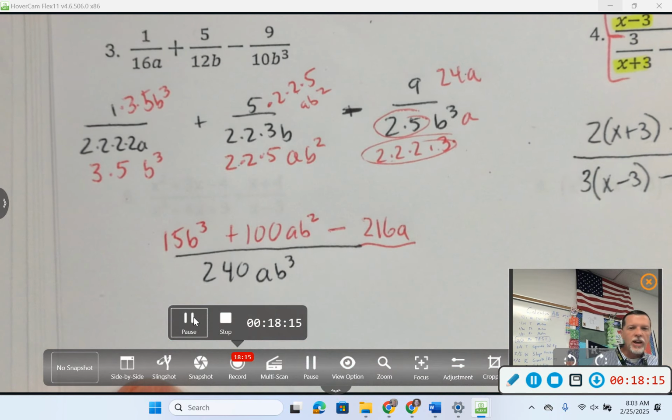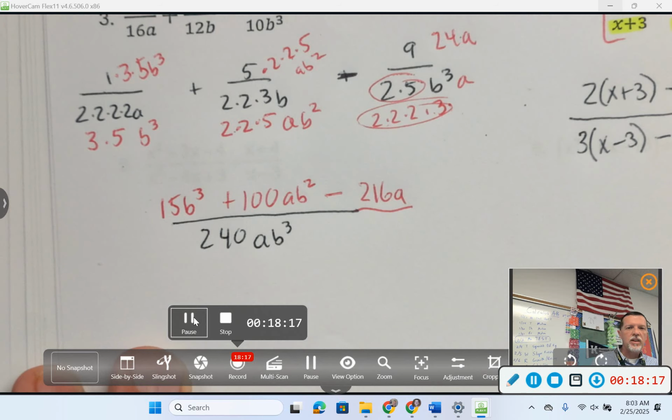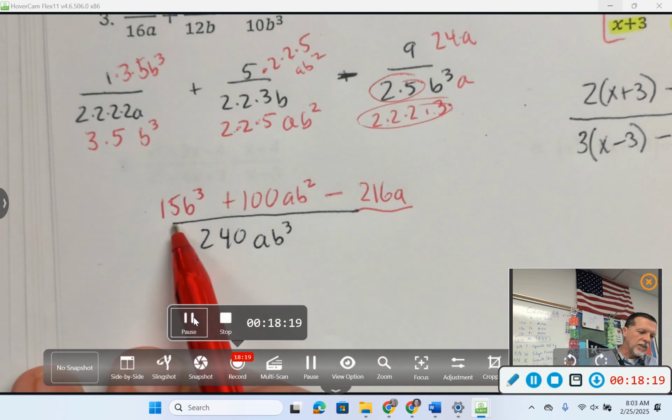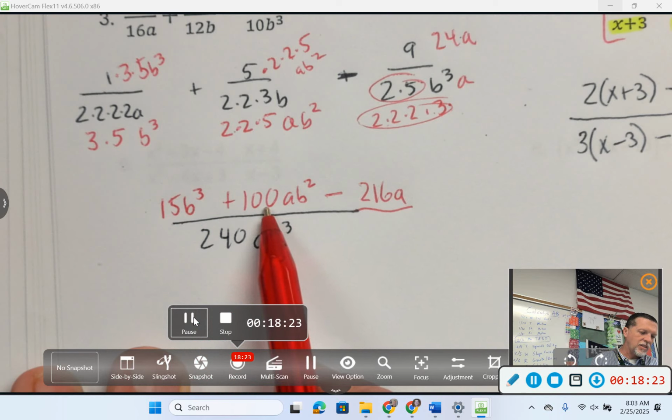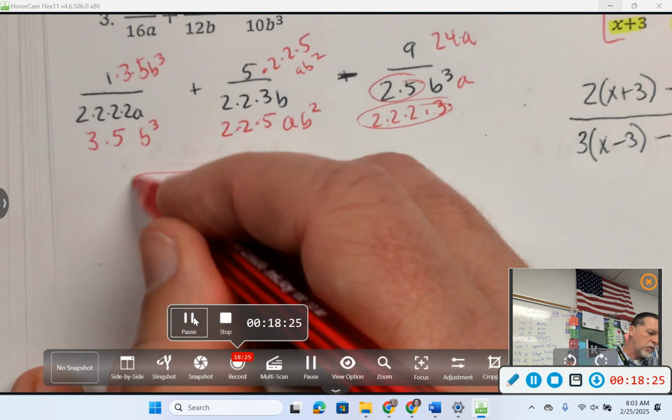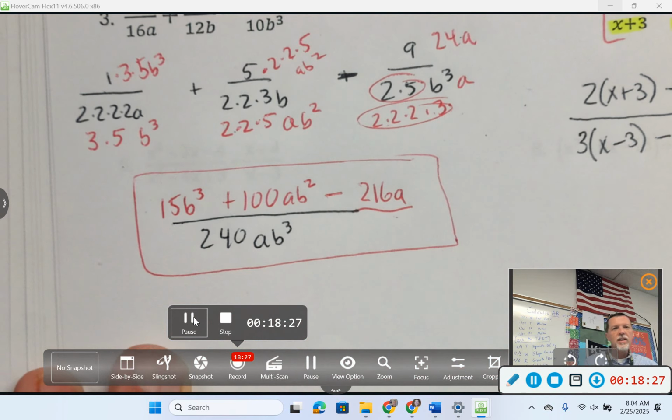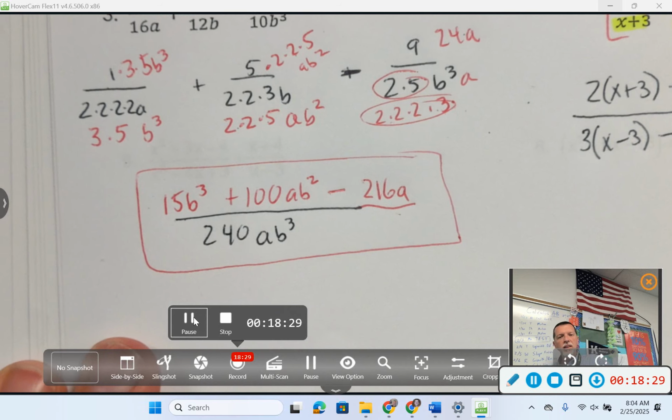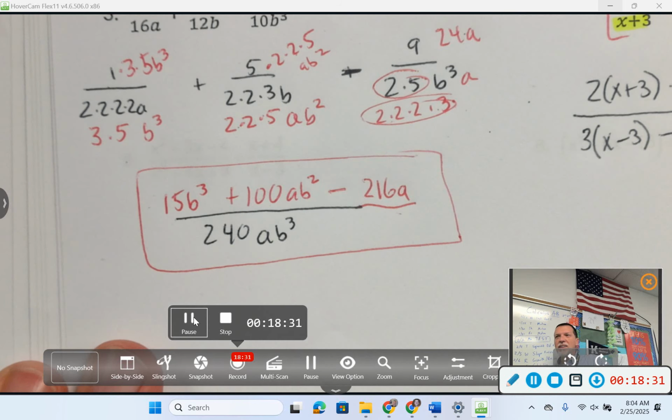Definitely can't reduce any A's or B's. That's only got a 3 and a 5 in it. That didn't have a 3, that didn't have a 5, so yuck. Yuck, but not complex, right? That's not officially a complex fraction.